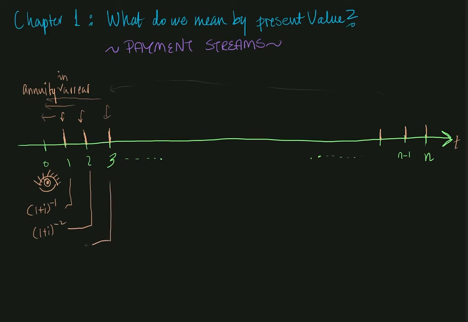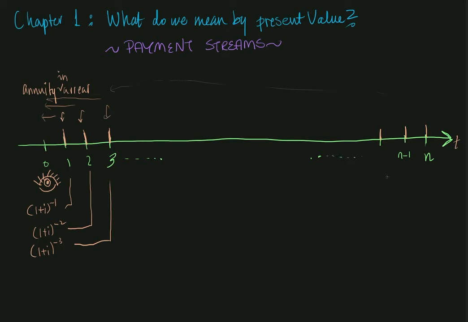And we discount this 3 times, so it's 1 plus i to the minus third. So this is the time 0 value of this unit. This is the time 0 value of this unit. I hope you can see my cursor, because otherwise this doesn't make much sense. And the third line here is the time 0 value of the unit that's paid at time 3.